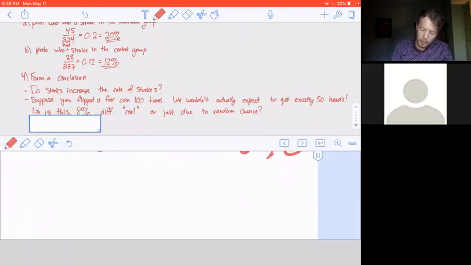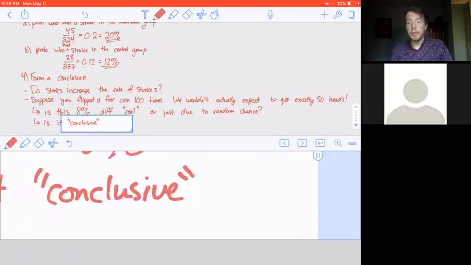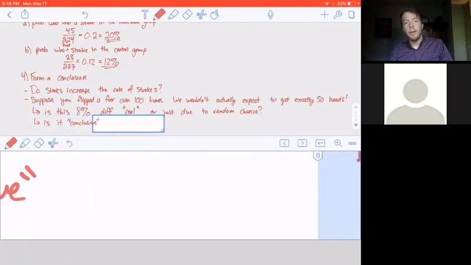Is it, and I'm going to use a bit of terminology here, is it conclusive? Is it such a significant difference that we can say, yeah, stents aren't a good thing? Well, this particular stent for this particular group of people isn't a good thing to do.